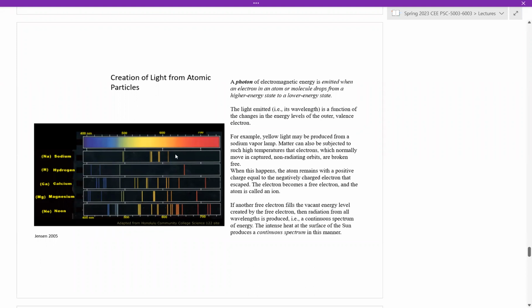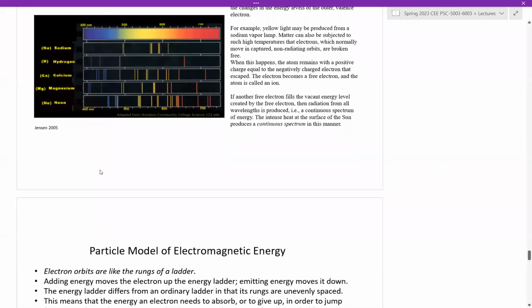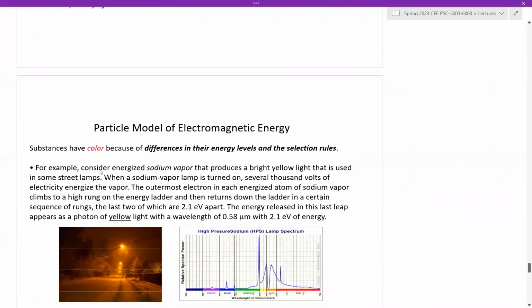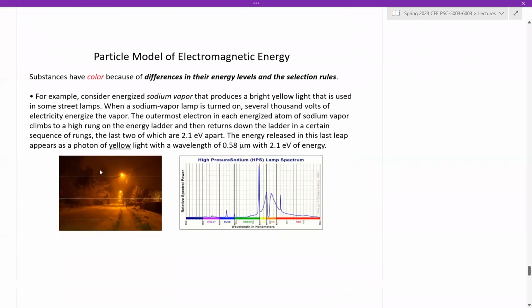But you see that sodium produces mostly in the interface between green and red. So these yellow colors are going to be very dominant as a light source from this element. So let me show you here. I think I have it here. Yes.